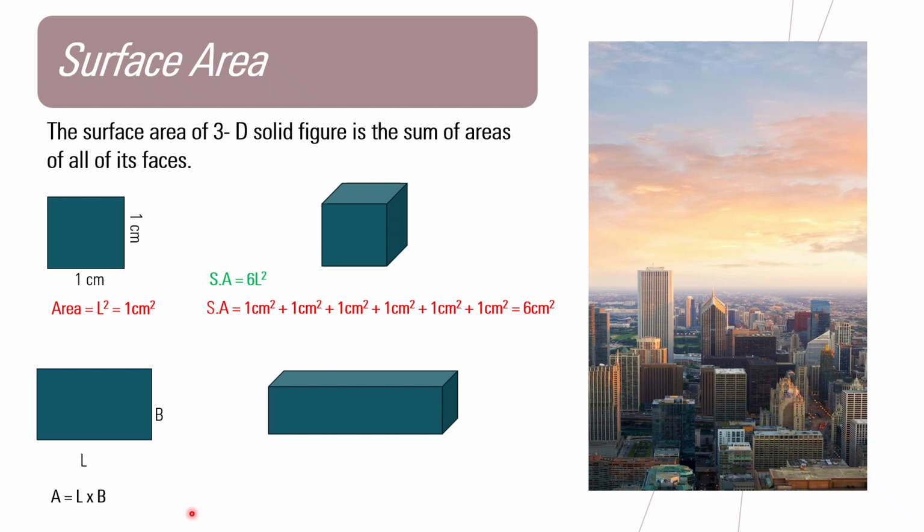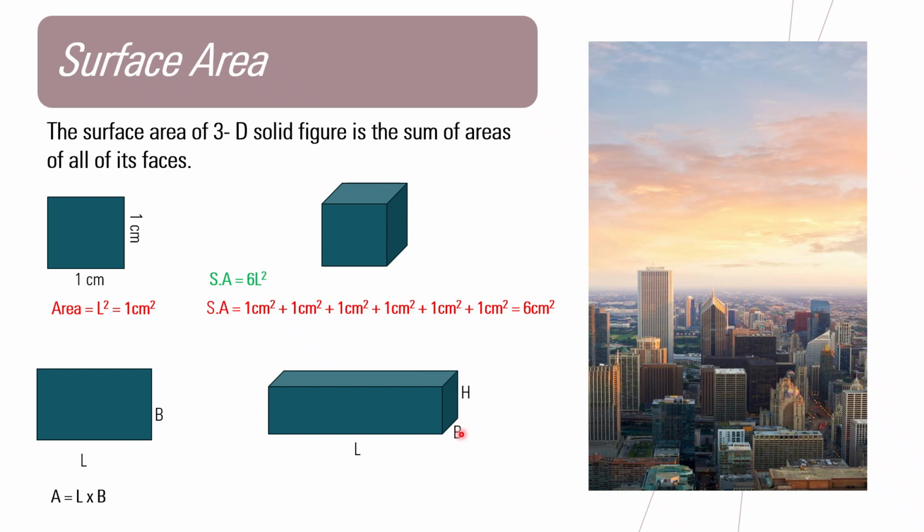This is a cuboid. A cuboid has all rectangular faces. So we will find the area of each face of this cuboid. So let's talk about the dimensions of this cuboid: length, breadth and height. If we multiply the length by its breadth, we will find out the area of its base and top.